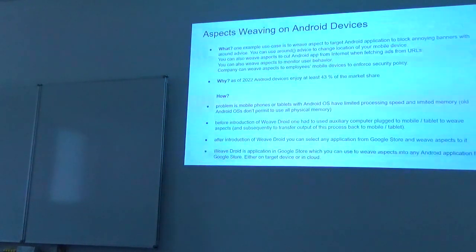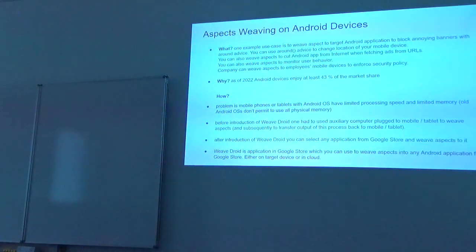Well, there are a few use cases, such as a company can enforce a security policy on mobile devices of its employees, or you can implement your own ads blocker with them, or you can strip an Android application of internet access when it tries to load ads from URLs. So that is another use case.